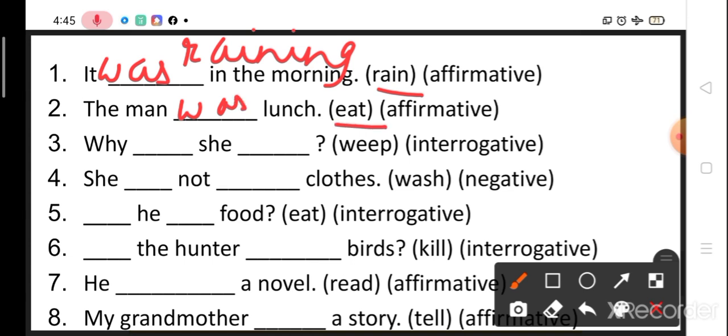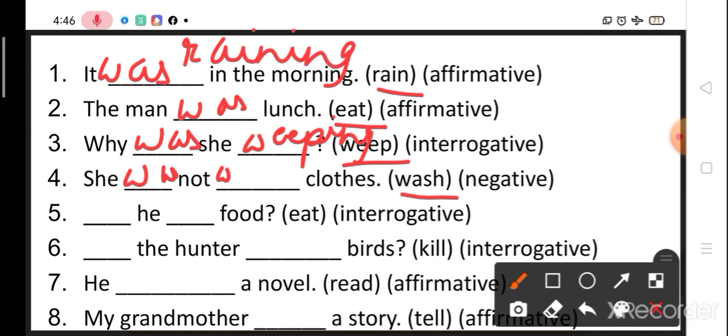Why was she weeping? She was not washing clothes.